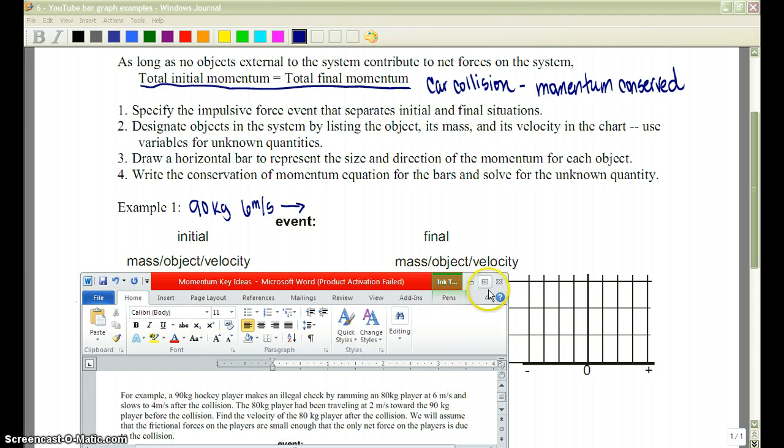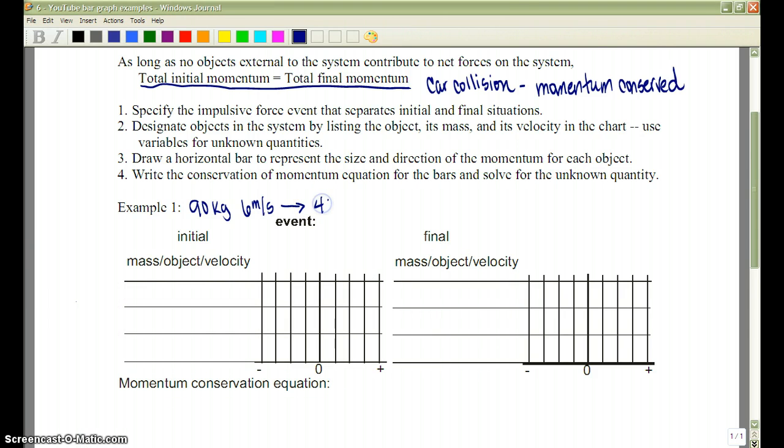He slows down to 4 meters per second. So that's our first one. Then it tells us that our 80-kilogram player, I'm going to use a negative sign because it was heading towards the 90-kilogram player. He then gets hit, and we want to know how fast he is traveling and in what direction.